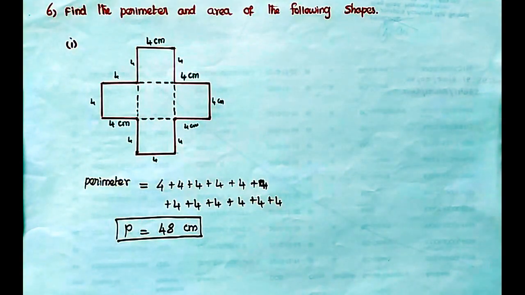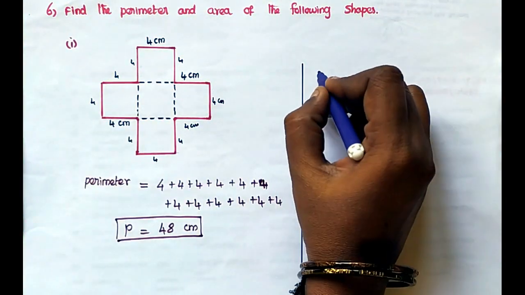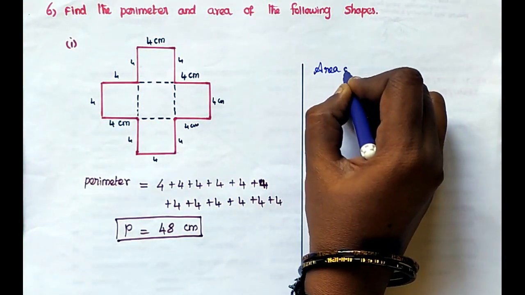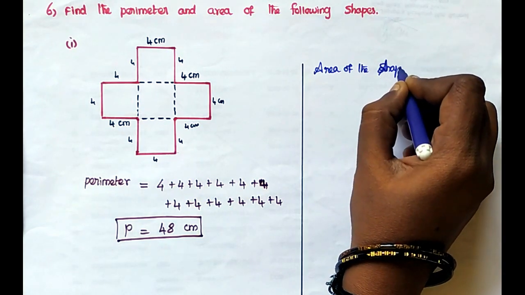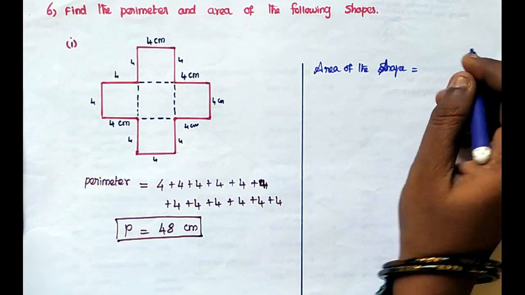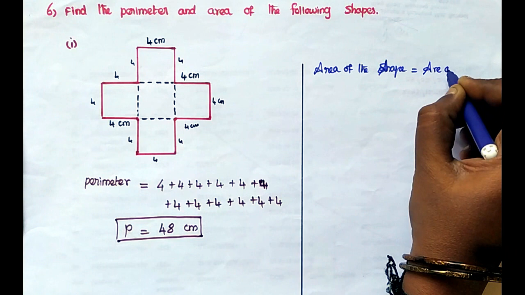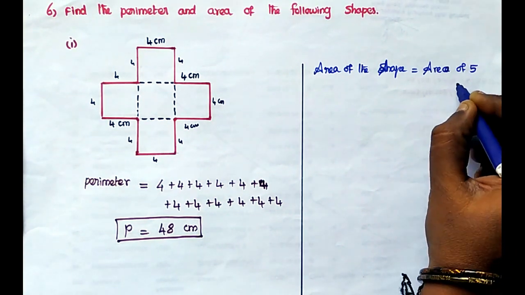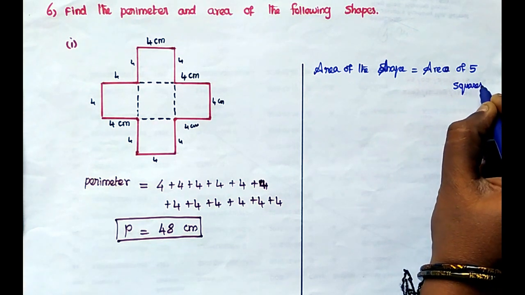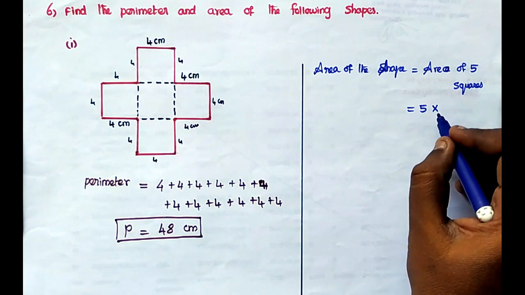Next we have to find the area. So area of the shape is equal to area of 5 squares. So 5 into, what is the area of a square?